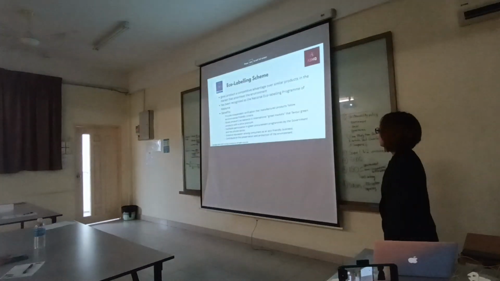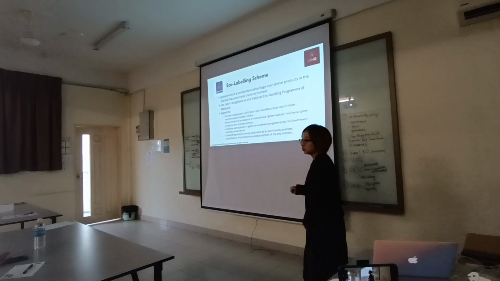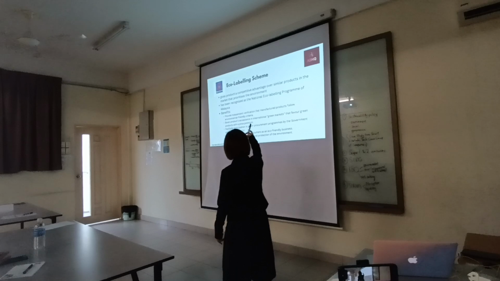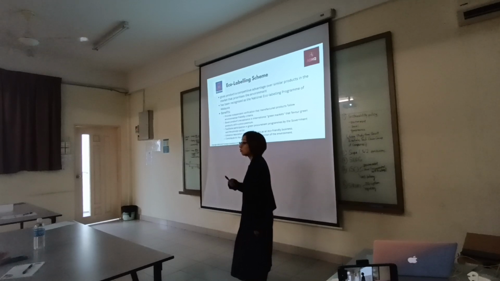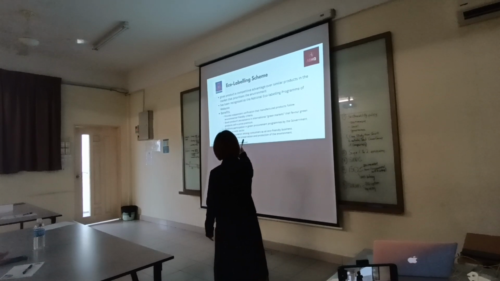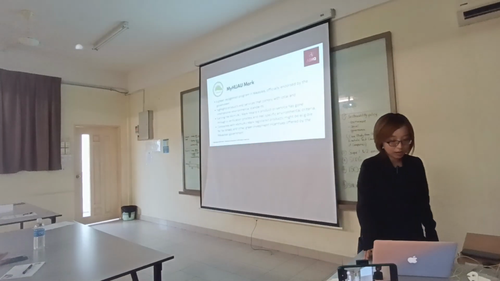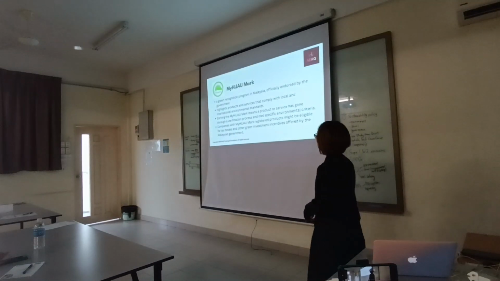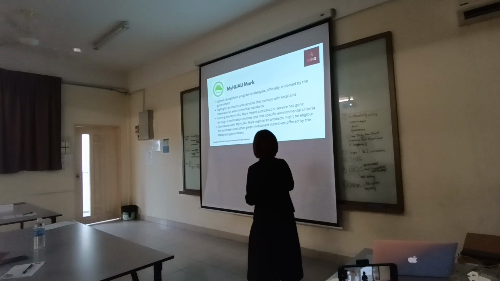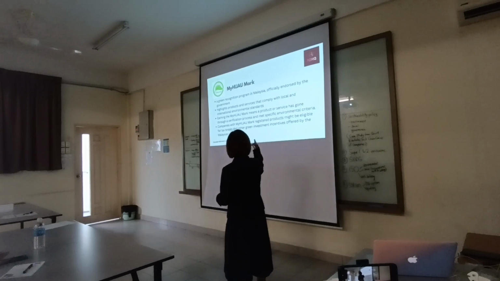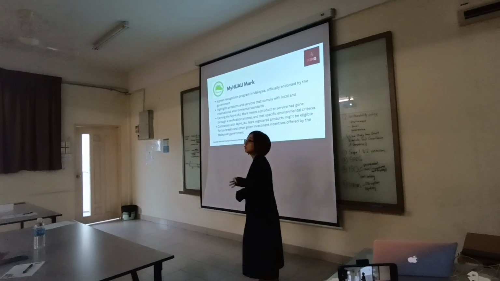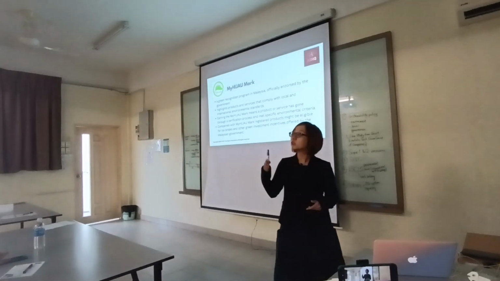So basically, you can see that the certification can be about an eco-labelling scheme, like having eco-friendly packaging. This one is introduced by SIRIM. And then there is also the My Hijau mark, which was mentioned in the video. Basically it is to meet a specific environmental standard to produce a green product.